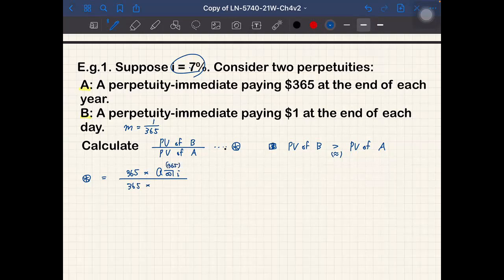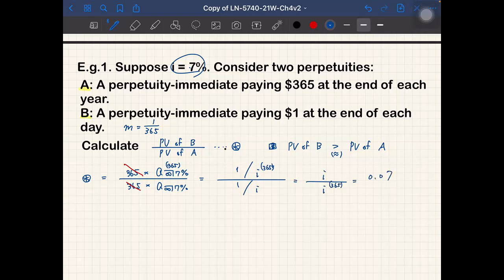And the denominator is the usual one, at 7%, so i is equal to 0.07. The 365 cancels anyway. We have 1 over i superscript 365 in the numerator and 1 over i in the denominator. So this is i over i superscript 365, and i is equal to 0.07.